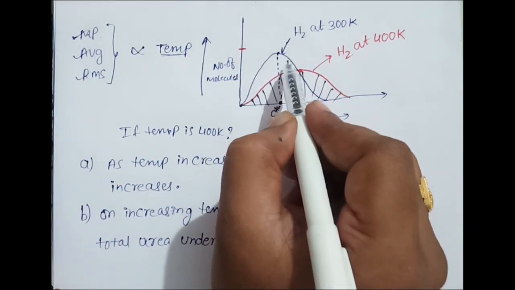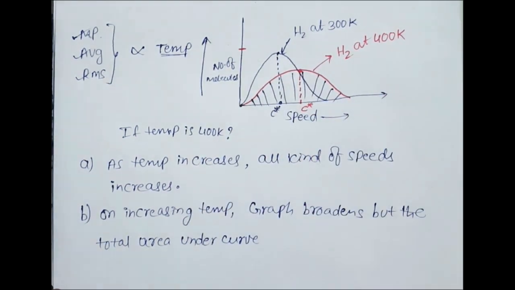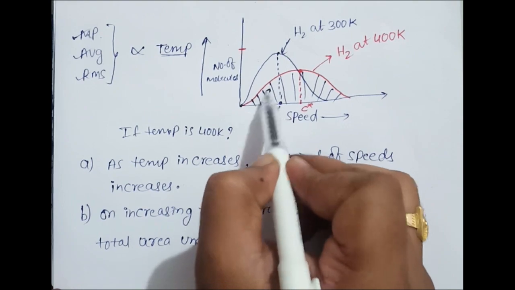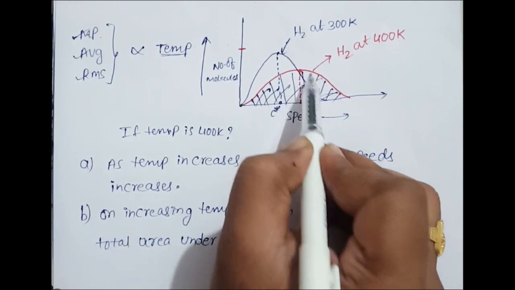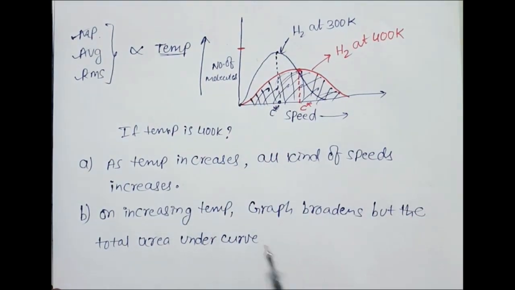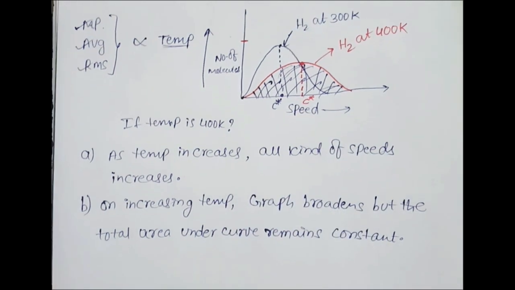On heating, temperature increases, but the number of molecules does not change. The area under this curve indicates the number of molecules, which does not change. So the total area under the curve remains constant. This is point number 2. So these 2 points we should keep in mind.